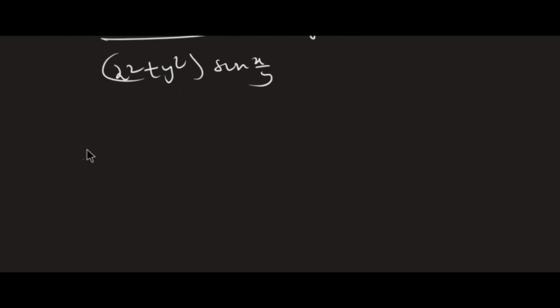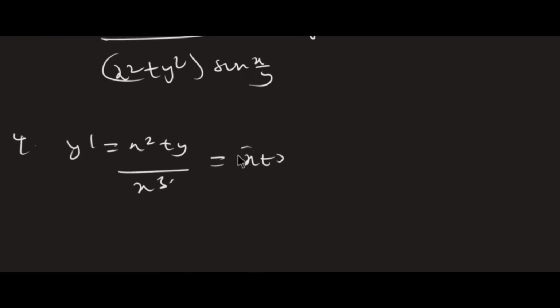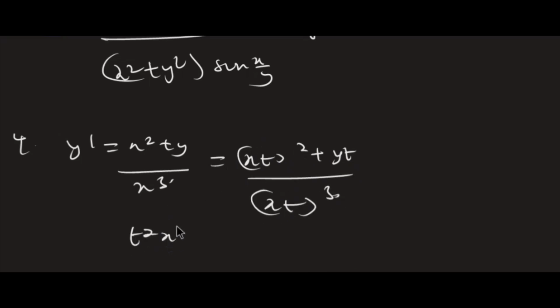The final equation which we are going to talk about is y prime is equal to x squared plus y over x cubed. Likewise, we get xt all squared plus yt, all this over xt all cubed. I'm going to get t squared x squared plus yt, all over x cubed t cubed.